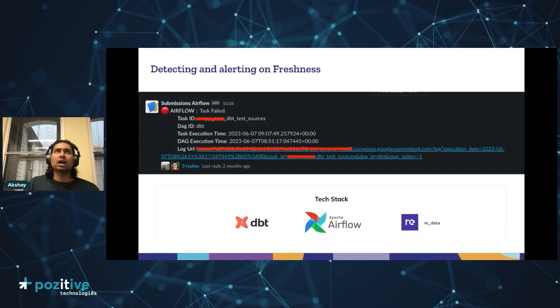In terms of how we implemented this, our tech stack was mainly built around dbt, which is a transformation tool, Airflow, which is an orchestration framework, and then we implemented these checks using something called Redata, which is a monitoring tool that sits on top of dbt. So we basically captured the freshness as a metric in Redata and then sent out Slack alerts into a channel.